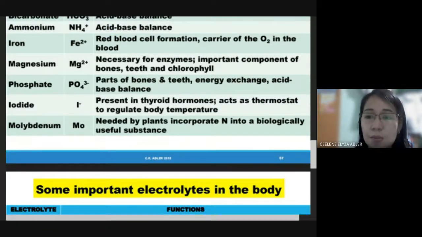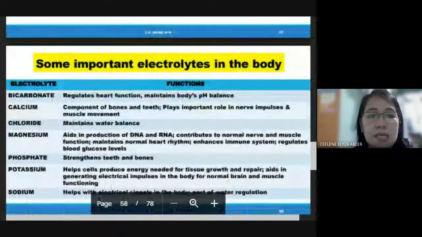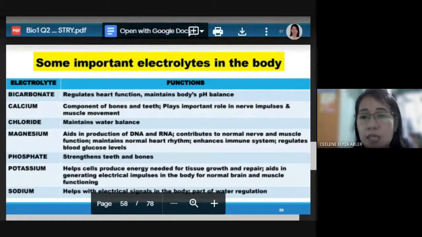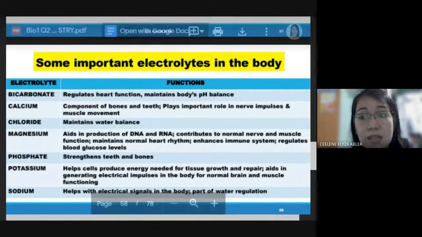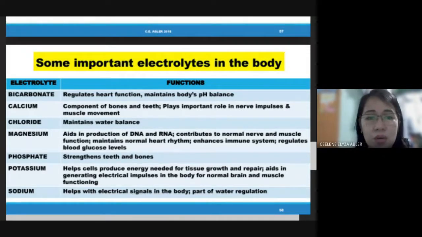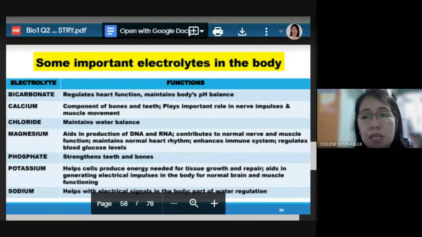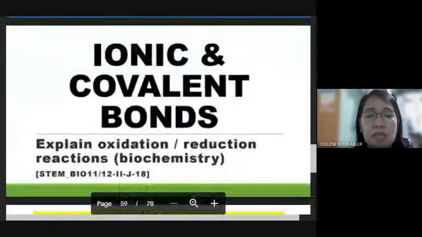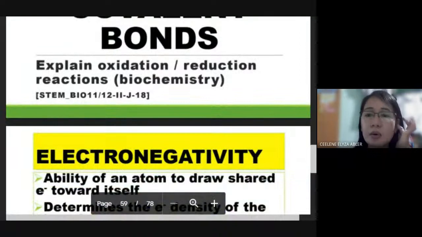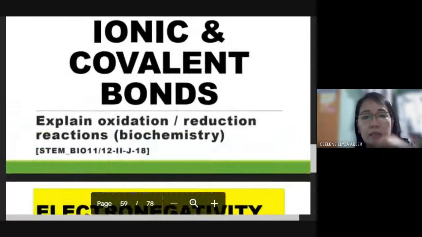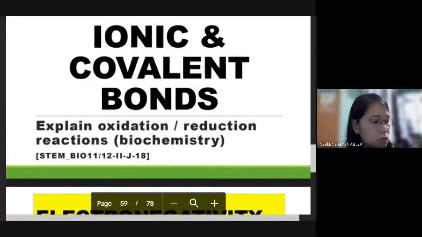So, meron tayo yung plants, other animals. And we have here the important electrolytes in the body. You don't need to memorize this one until quarter 4. Quarter 4, you have to be very familiar with them, kasi sila yung ginagamit, i-mention natin frequently na. Alright, let's go to ionic and covalent bonds before we end our lesson today.